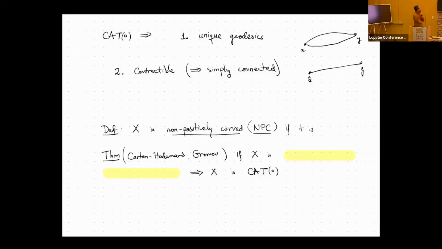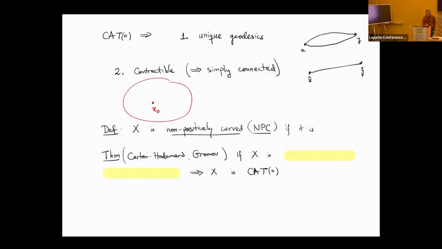Okay, and maybe then the second thing: if a space is CAT(0), then it is contractible. Contractible means there is a continuous deformation of the space to a point. One can imagine what this deformation would be. Just pick a base point x0 in your space.